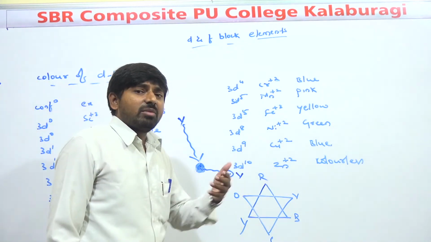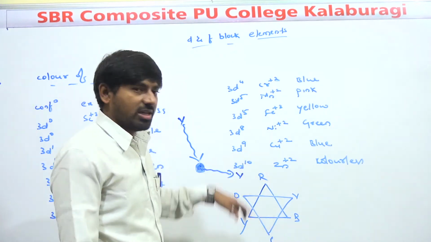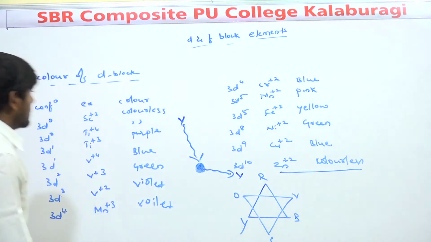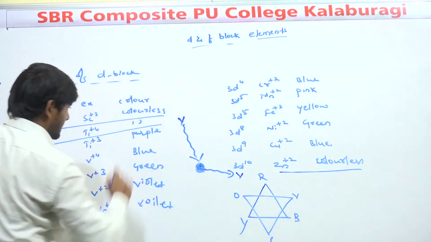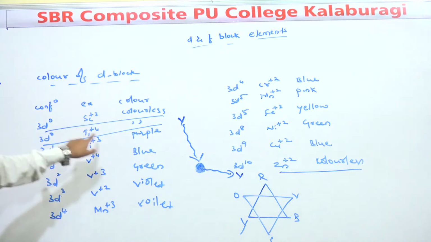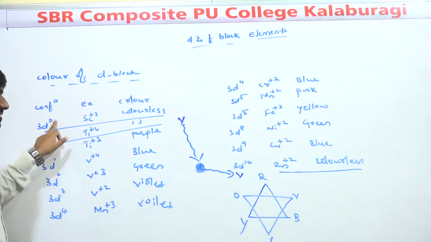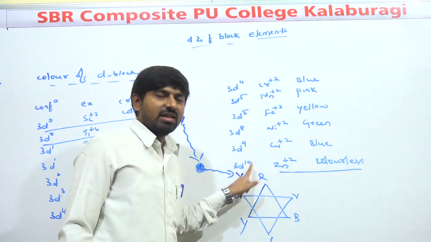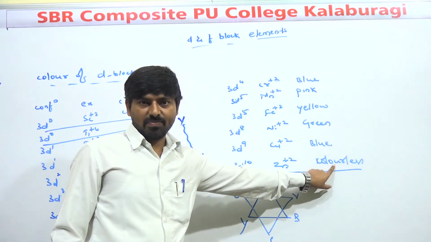When a given chemical is showing color, right? In what situation is a given chemical showing color? Initially, I told you about these three things. See, when these three series elements have either zero electrons in their d orbital or the orbital is completely filled, in such situations they show no color.